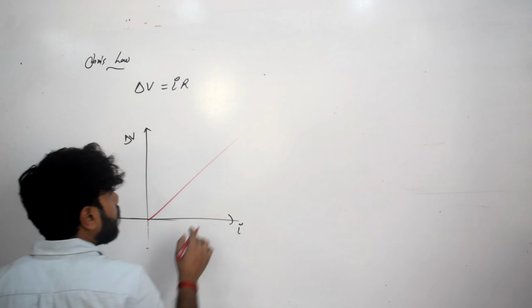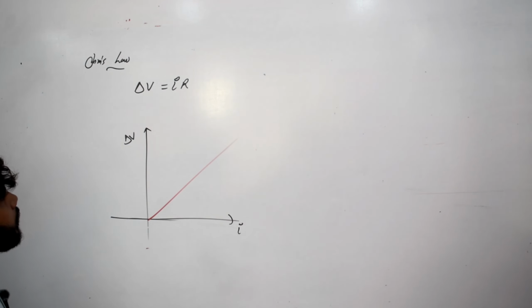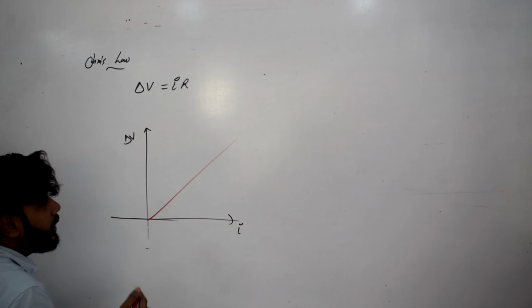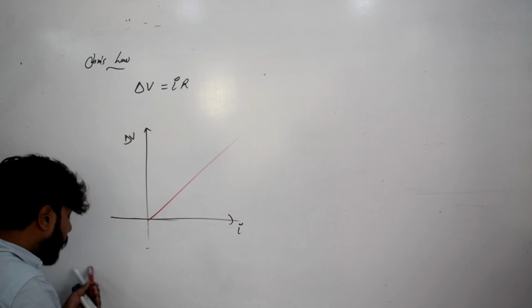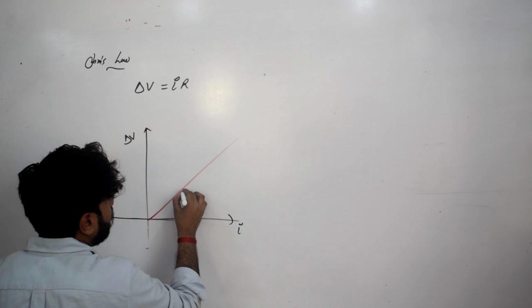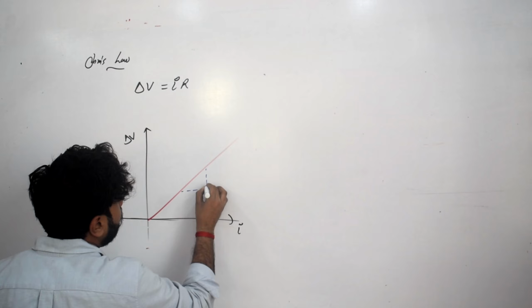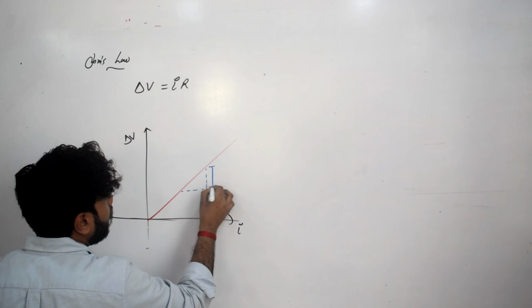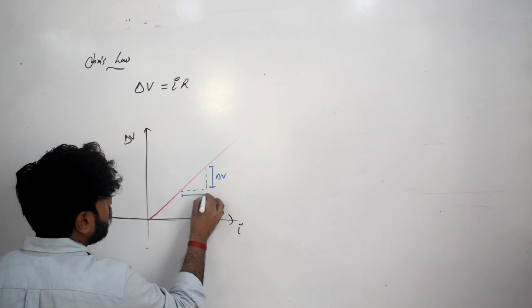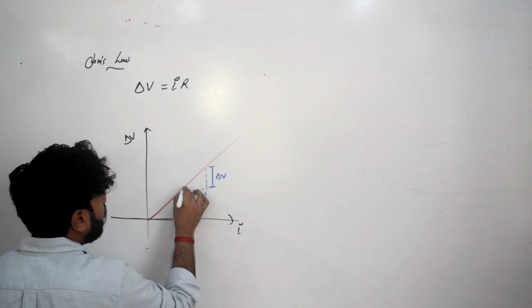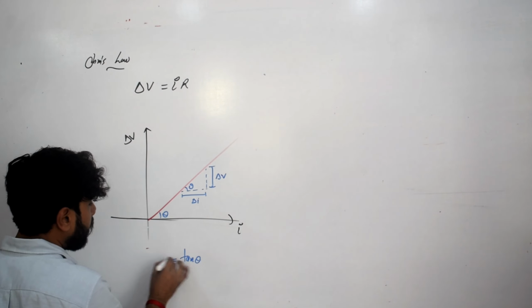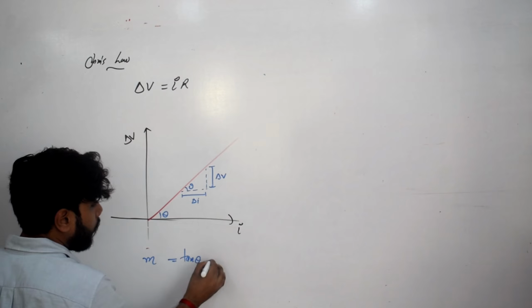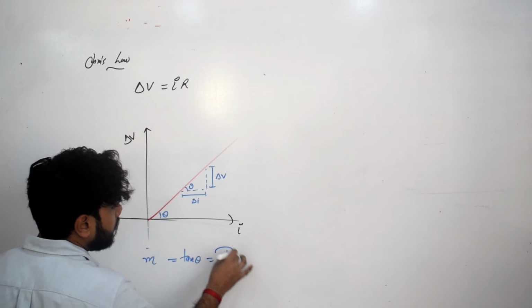That is the theory of Ohm's law, because from this we can see the potential and current have a linear relation, and the slope of the graph, tan theta, will tell us the resistance.